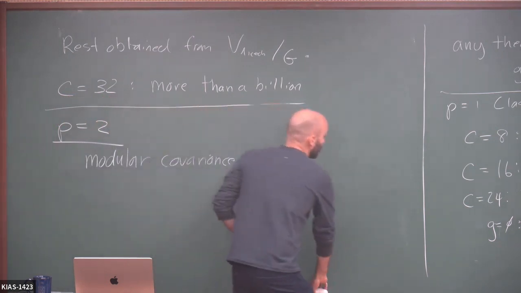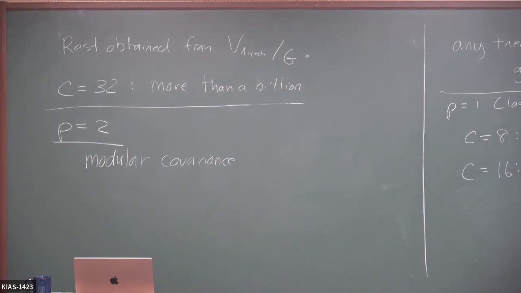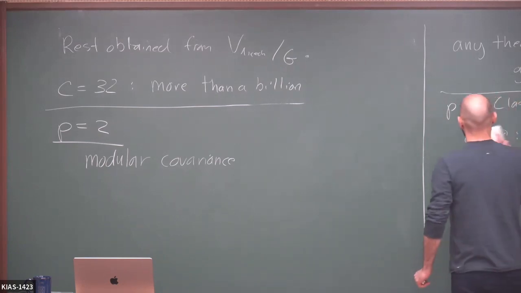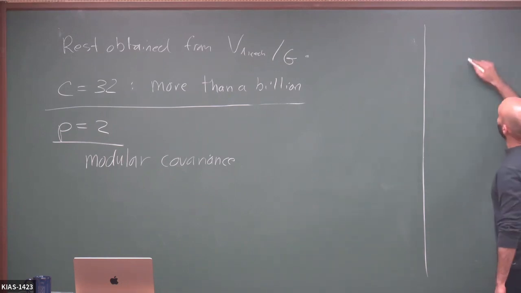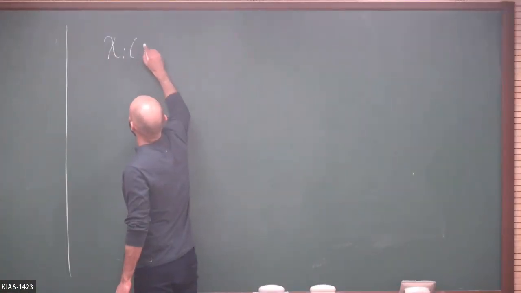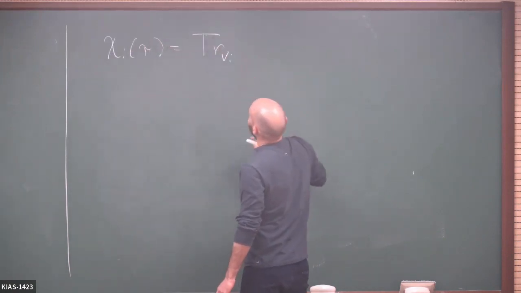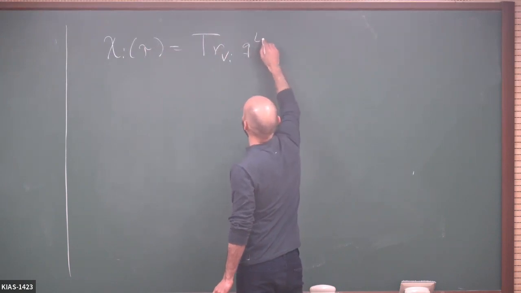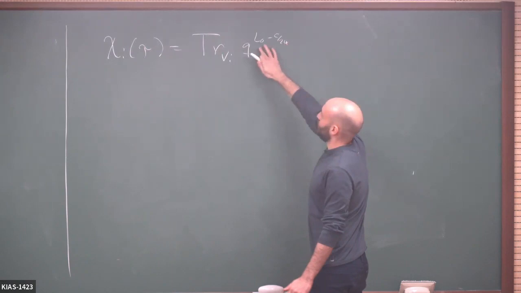Modular covariance is the statement that if you look at essentially the characters or the partition functions of the different representations and study how they transform under modular transformations, they transform into each other under a representation of SL2Z. So if I define chi to be the trace in the ith representation, this is kind of like the energy up here.